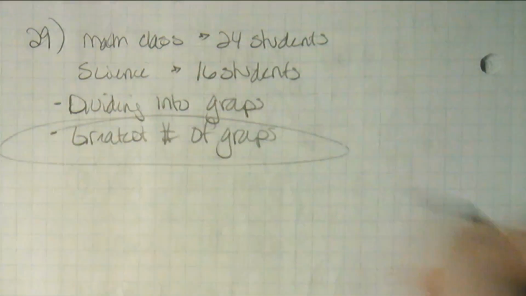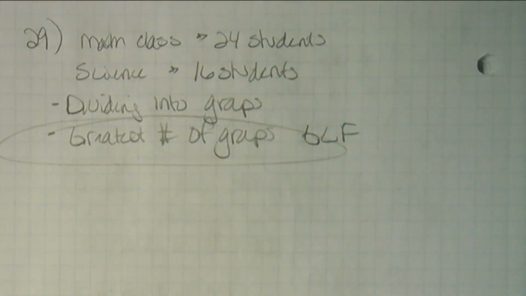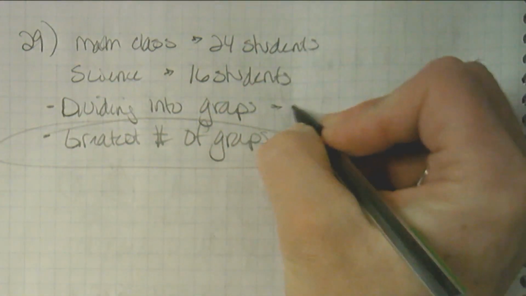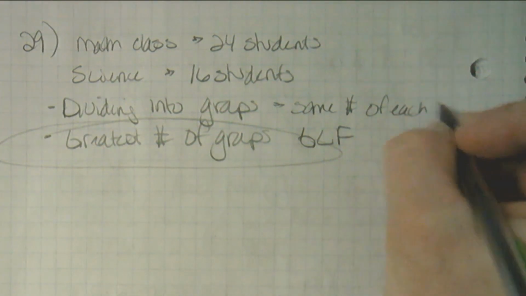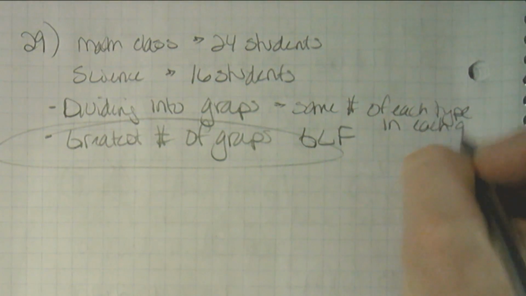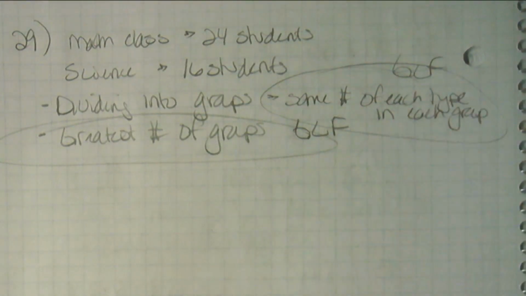That right there indicates that we have GCF. All right, and we want the same number of each type in each group. This indicates that we have to do GCF.